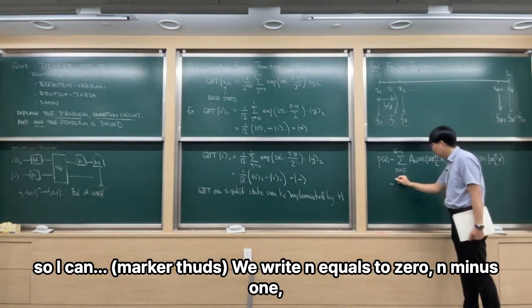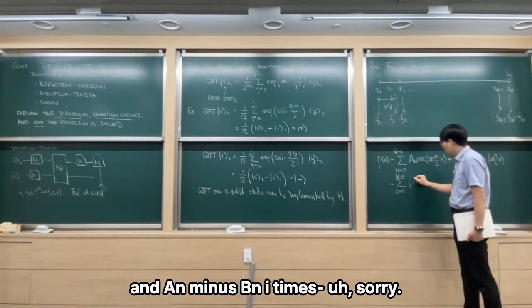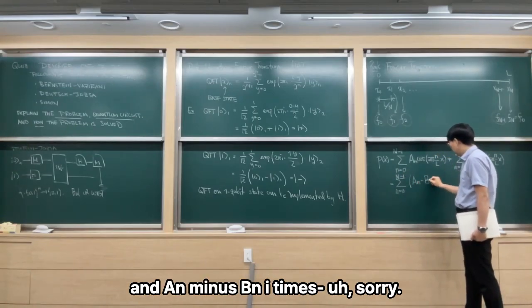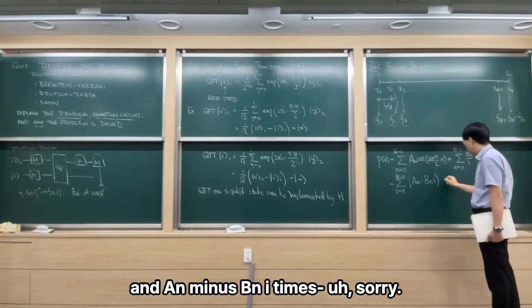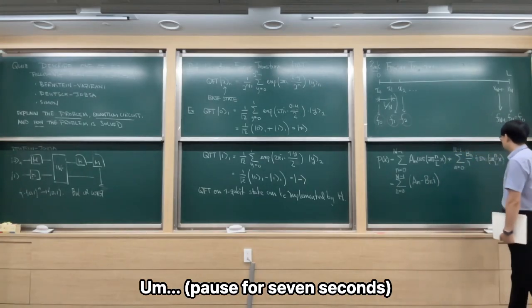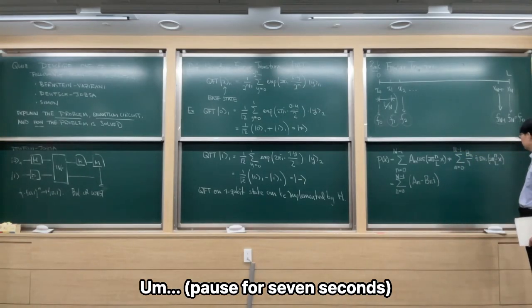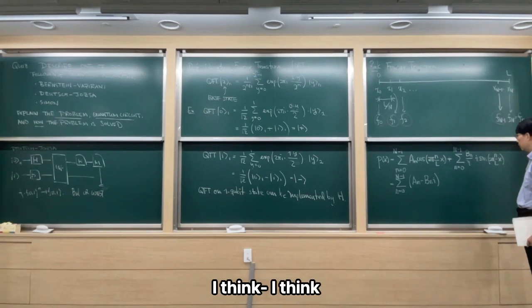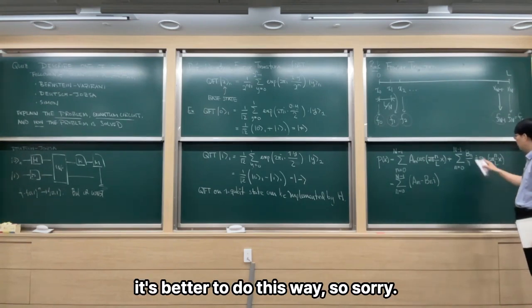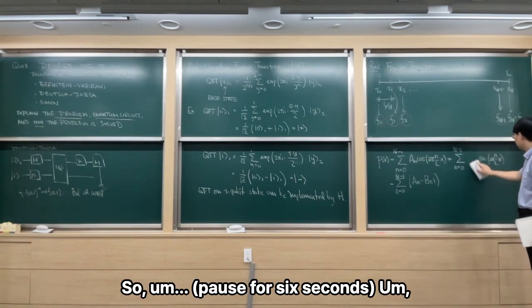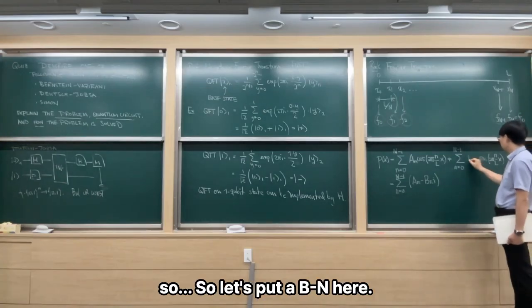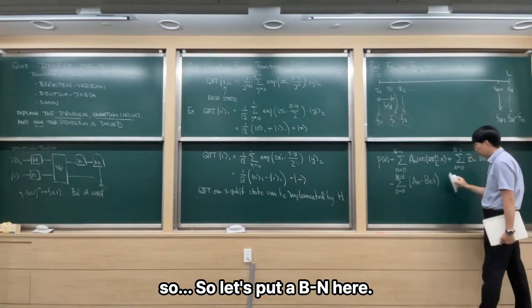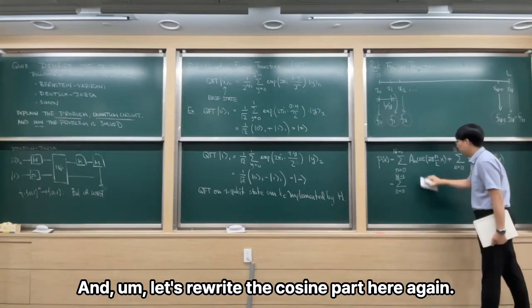So I can rewrite the sum from n equals 0 to n minus 1. I think it's better to do it this way. Let's just leave Bn here.